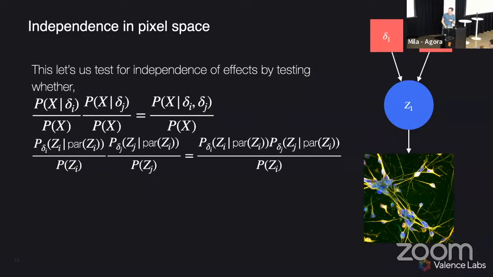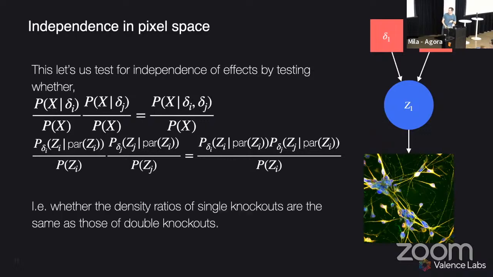On the previous slide, we just argued that this density ratio for leaf nodes is going to be equal to that. Similarly, this density ratio for another leaf node would be equal to that. And if these two things are independent, then you're just going to have the same thing on the right-hand side, right? So if you have independence, you have this nice relationship that is testable.